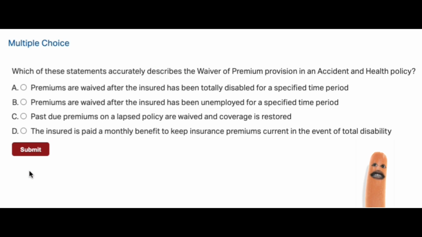Which of these statements accurately describes the waiver of premium provision in an accident and health policy? A, premiums are waived after the insured has been totally disabled for a specified time period. B, premiums are waived after the insured has been unemployed for a specified time period. C, past due premiums on a lapsed policy are waived and coverage is restored. Or D, the insured is paid a monthly benefit to keep insurance premiums current in the event of total disability.